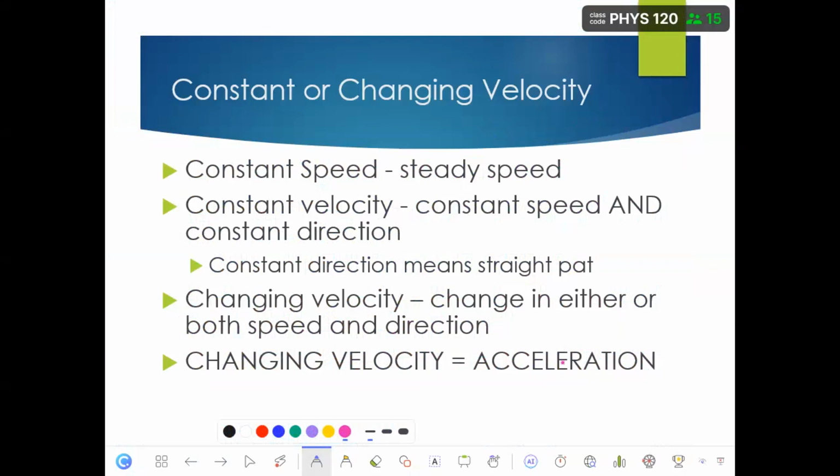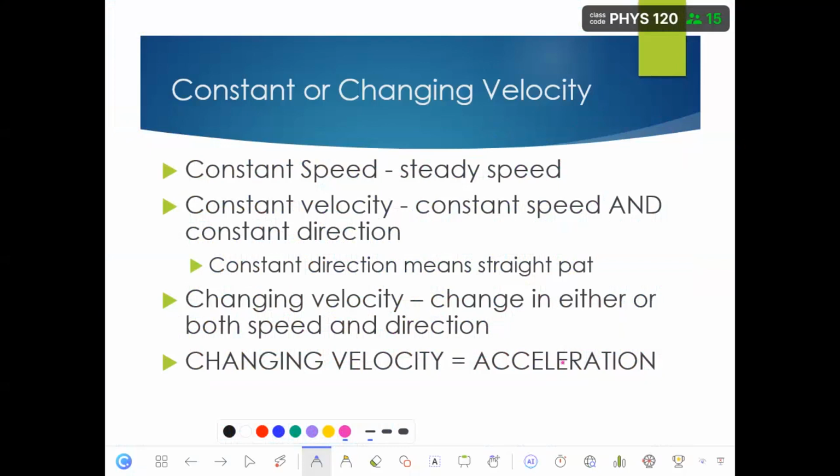If we have a particle and we are analyzing its motion, and if the velocity of that particle, or even its speed, doesn't change, we just say this particle moves with constant velocity. Same displacement over same amount of time. Let's say you move 1 meter in 1 second, 1 meter, 1 second, 1 meter, 1 second.